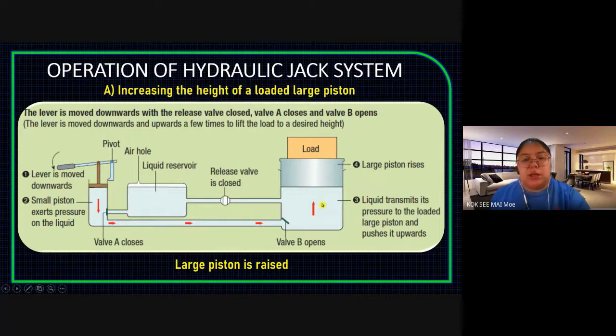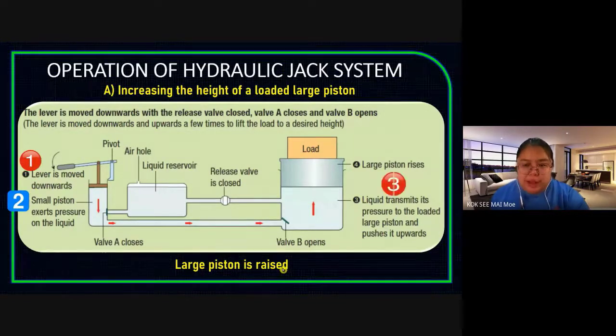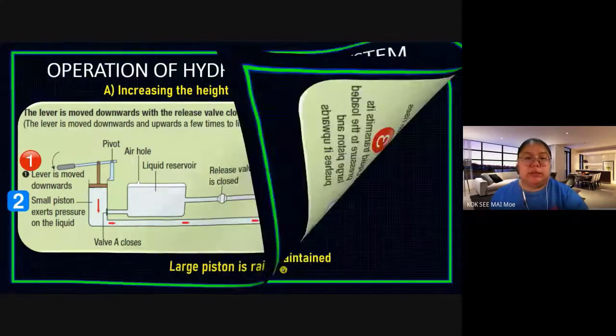The piston inside also has liquid, and the liquid pushes the output, the force acting on the load, so it goes up a bit. Then you continue. So the large piston is raised up. Number 1, 2, 3, then number 4, so the process is four steps.